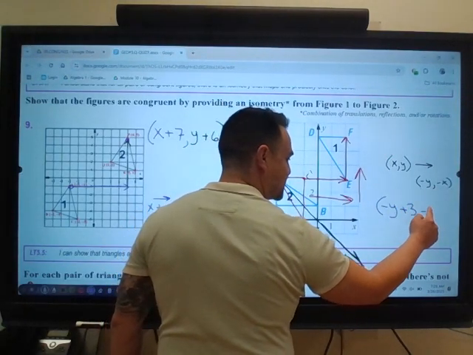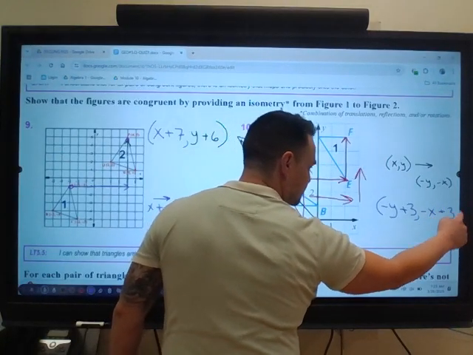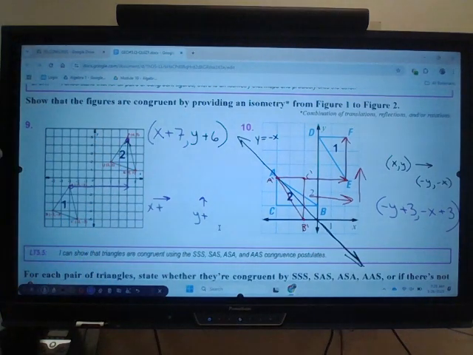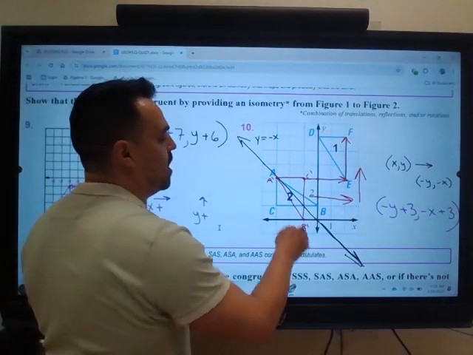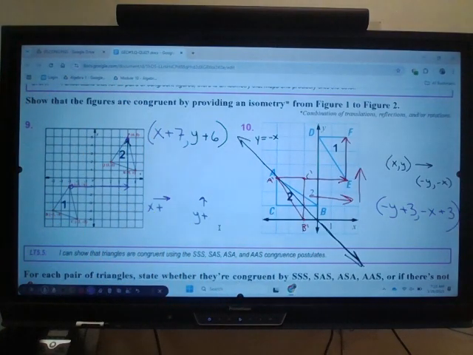And negative x plus 3, that's your y value. Go back to the notes if you want to understand more about the why behind that reflection. Okay, feel free to pause to finish copying or digesting. I'm moving on.